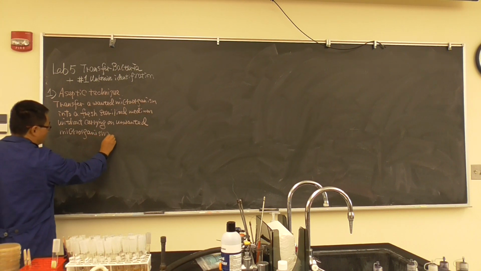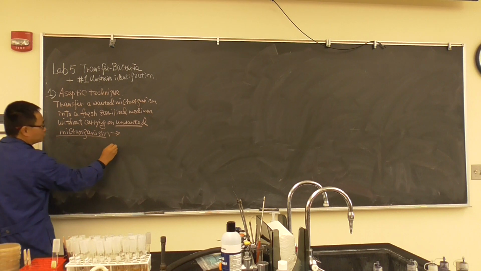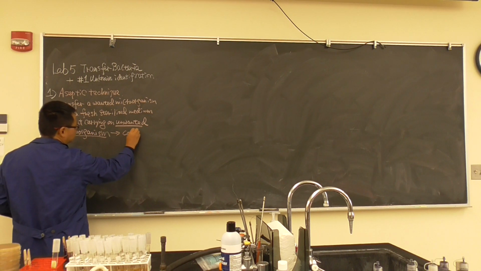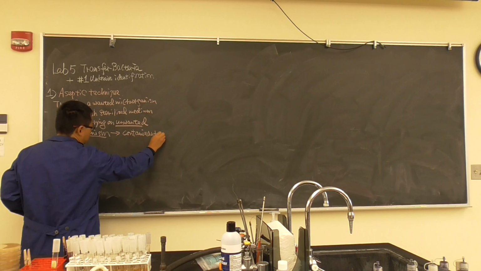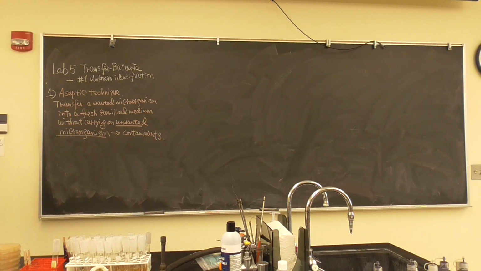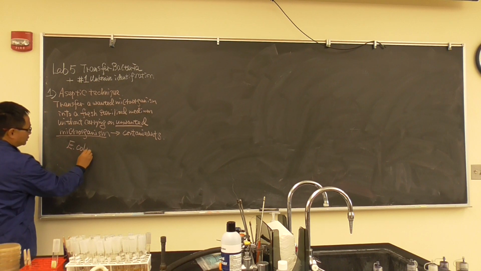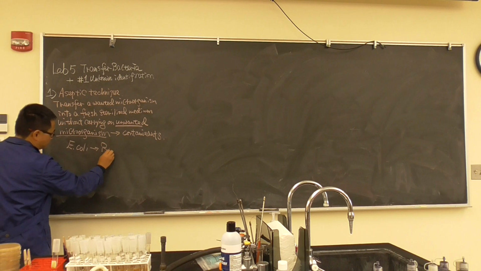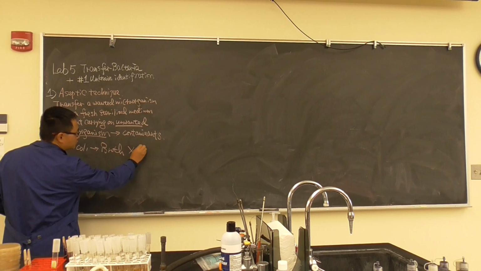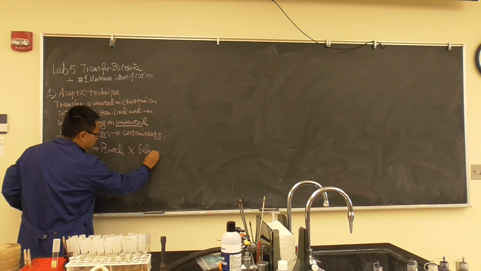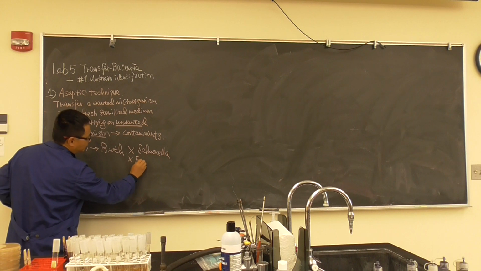And this unwanted microorganism, most of the time we refer to as contaminants. So, said very easily, if I'm going to transfer E. coli into a broth medium, then there is no Salmonella there. There is no environmental bacteria there.